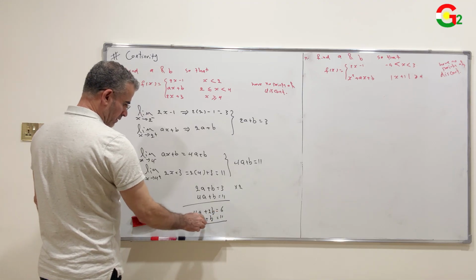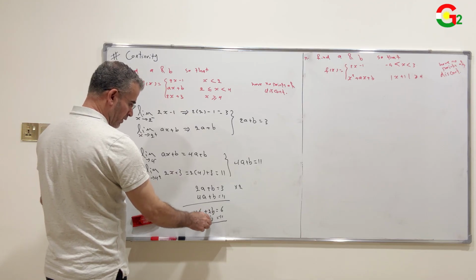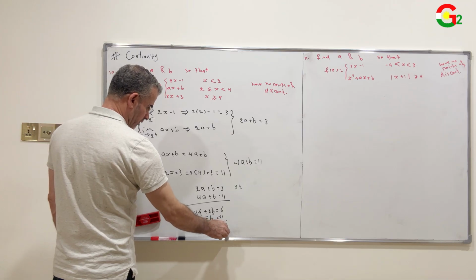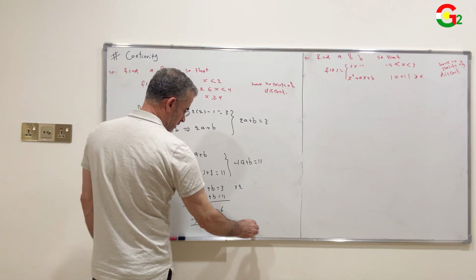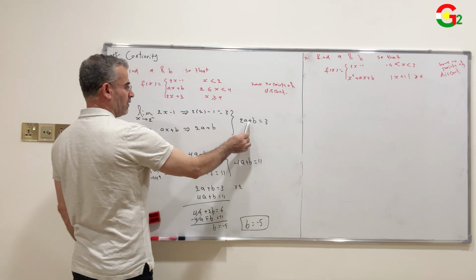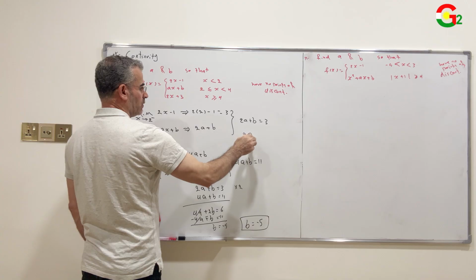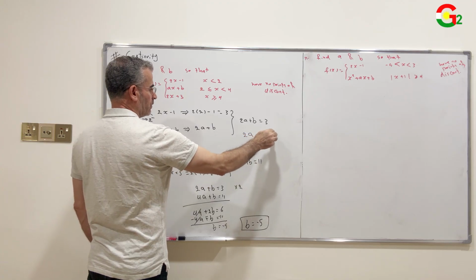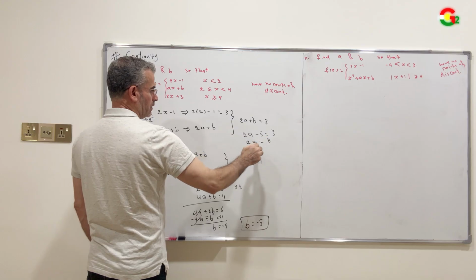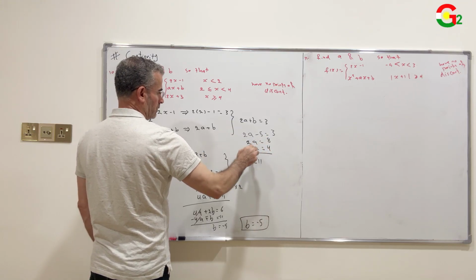Subtract these two equations: 4a minus 4a is 0, 2b minus b, 6 minus 11, negative 5. The value of b equals negative 5. Substitute the value of b here to find a. 2a minus 5 equal to 3, 2a equal to 8, a equal 8 over 2, 4.